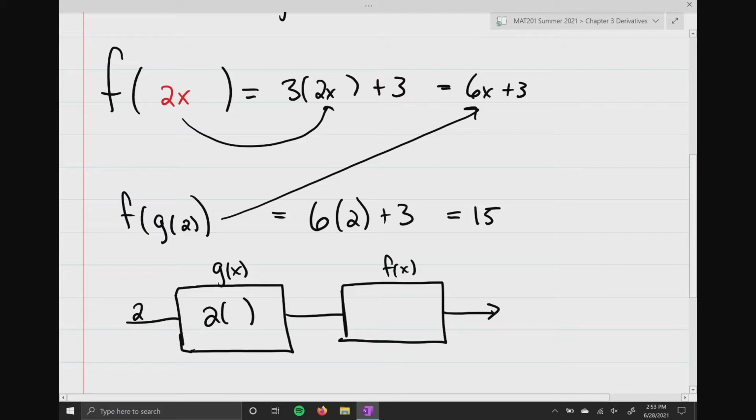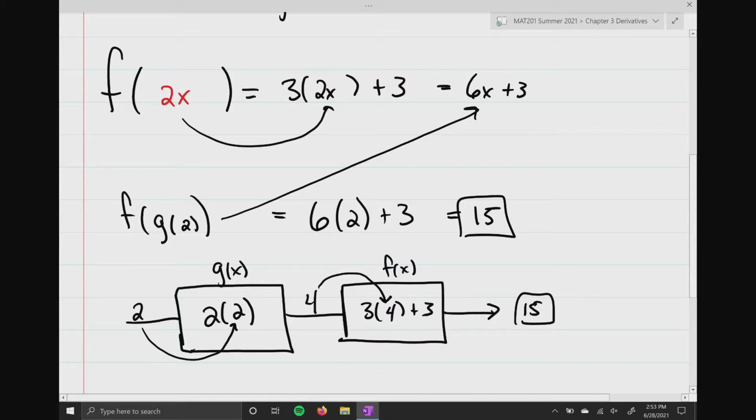And the first calculator takes this, substitutes it, and gives me an answer of 4. But then immediately, it'll take that 4 and put it into this calculator, and it'll say, well, 3 times 4 is 12, and 12 plus 3 is 15. Notice, no matter which way you look at it, you still get the same result.